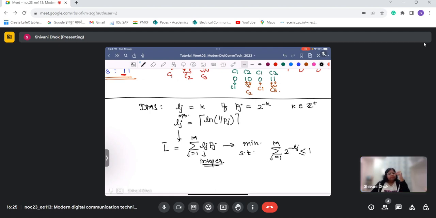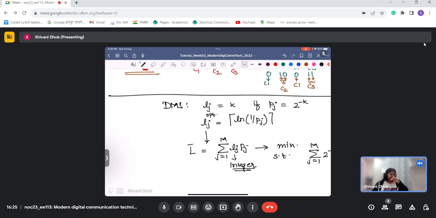Ma'am, it is a real value only. If I'm transmitting a code word which constitutes bits, what do you mean by a 2.5 bit length code word?